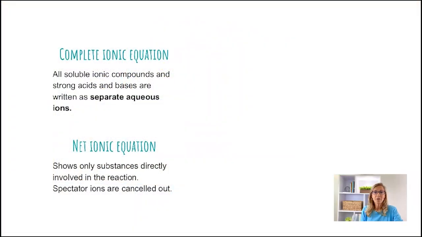So one of the types of reactions we need to learn to write is what we call complete ionic and then net ionic. So it's kind of what it sounds like. Complete ionic is when we write all soluble ionic compounds and strong acids and bases separate as ions.